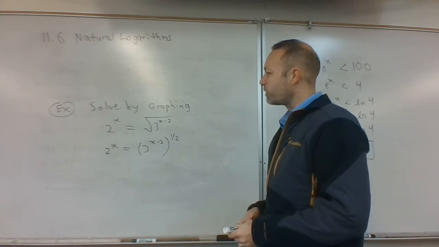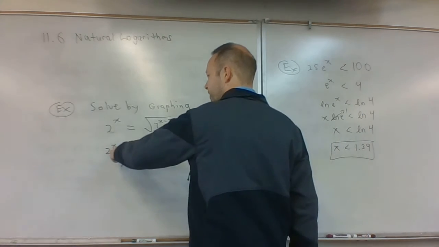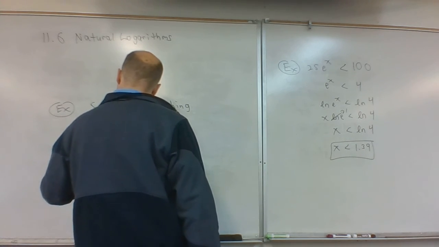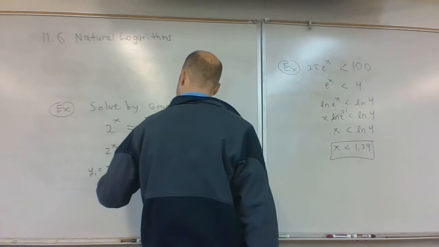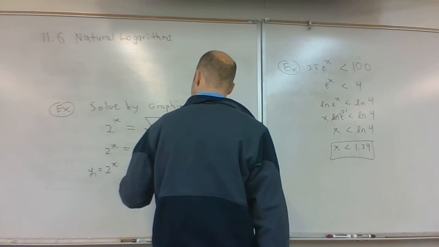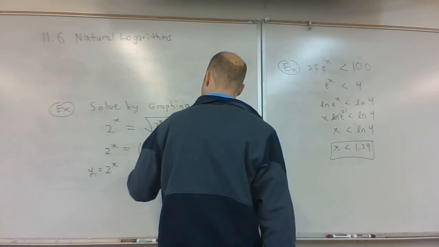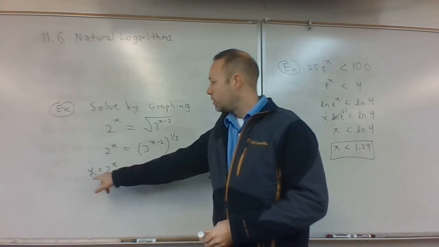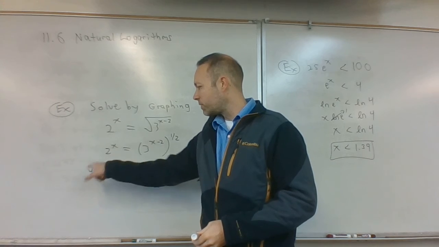Solving by graphing, the idea here is we can take the left-hand side and let y1 equal 2 to the x, and let y2 equal 3 to the x minus 2, to the 1/2. You can input this in your graphing calculator and see what that graph is.